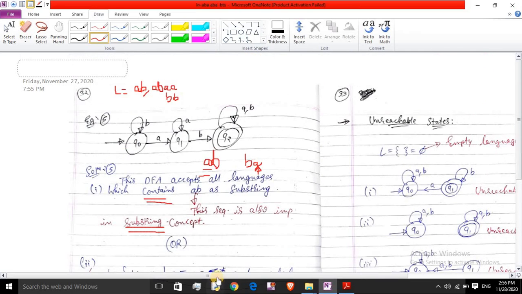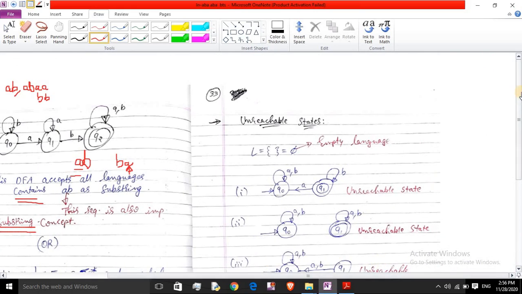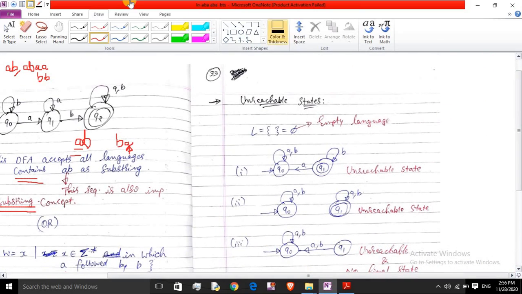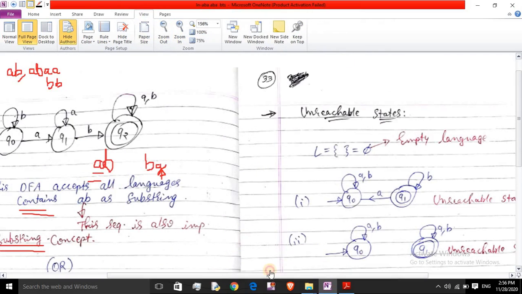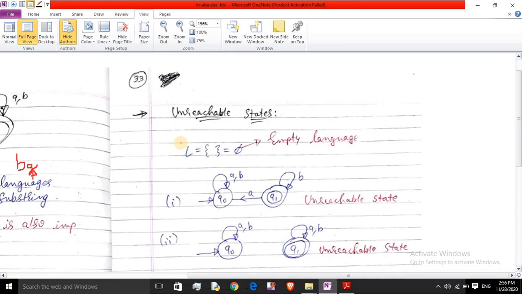Now there is also a concept called unreachable state. What is it? Now look at here. I have to zoom it. Now look at the concept of unreachable states. There is a language, an empty language.